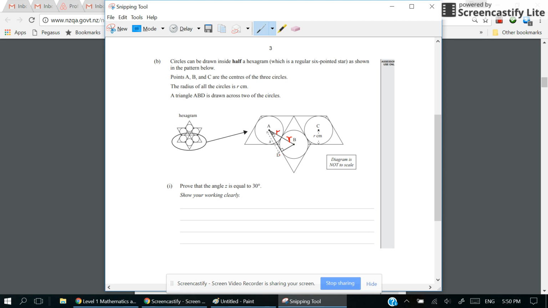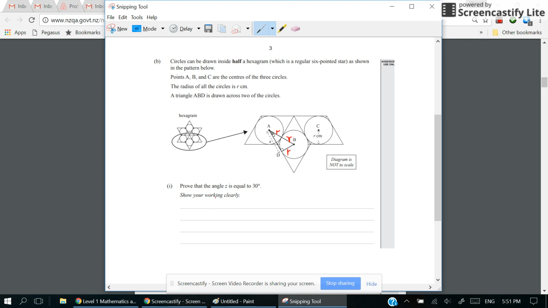And between B and D, there's also r. So now we have this triangle, which is a right angle triangle, which means you can use trigonometry to work out that this angle is equal to Z.